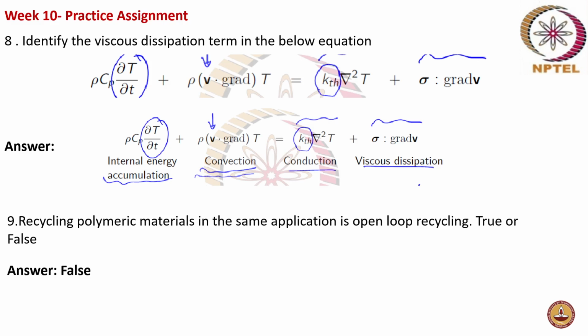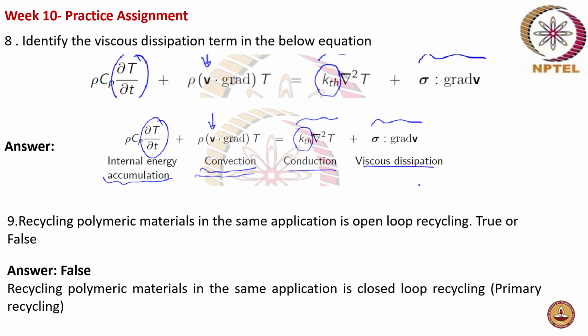For example, a mold overflow in car manufacturing can be taken and reused within the same application. So this is closed loop recycling, not open loop recycling. This is also called a primary recycling process.